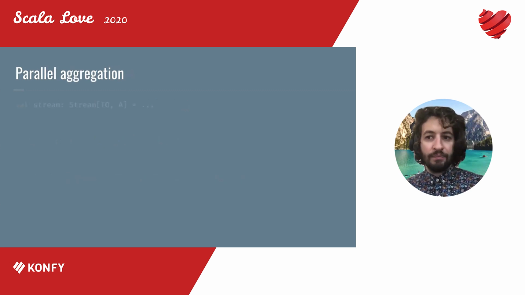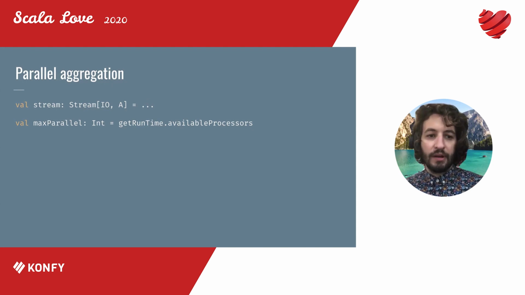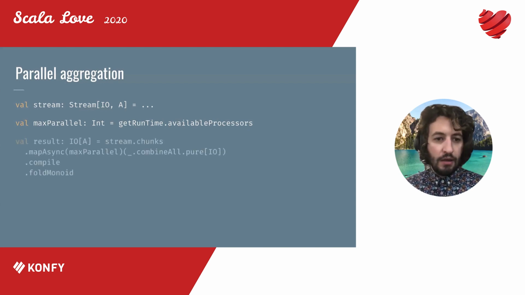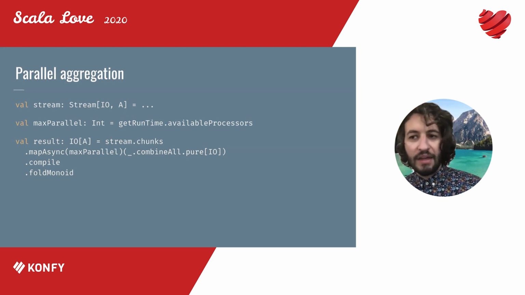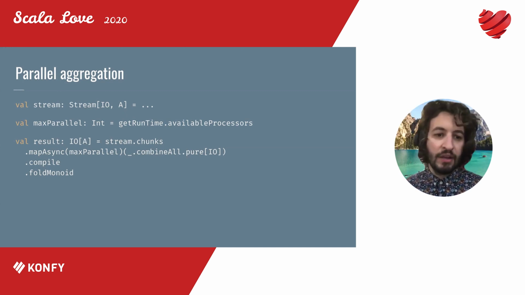Right. And so if you have a stream of some A which has a monoid, and you want to do this in parallel, you define this max parallel thing. Basically, this is the whole code you need to get this done. So you basically chunk them in some kind of way, which gives you these smaller chunks. And then you use this map async function. And basically, right here, this is a chunk.